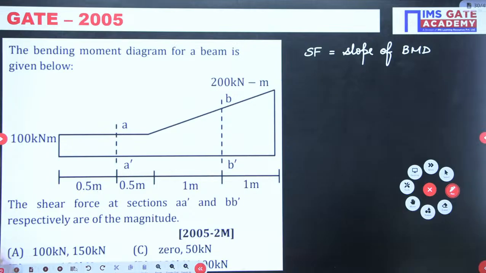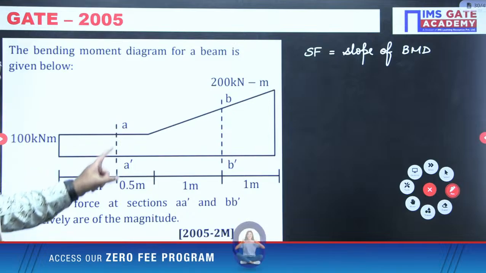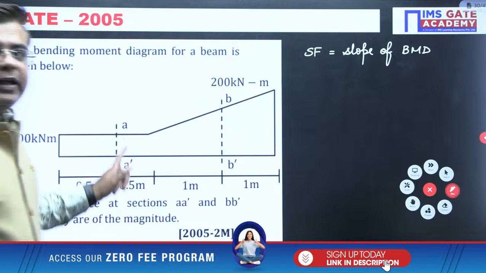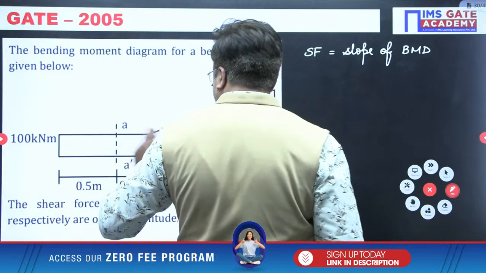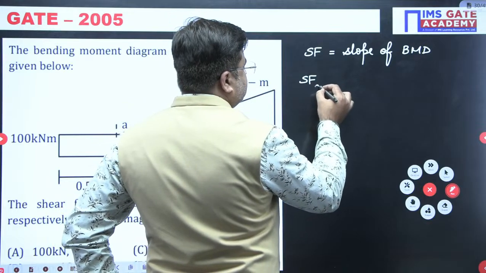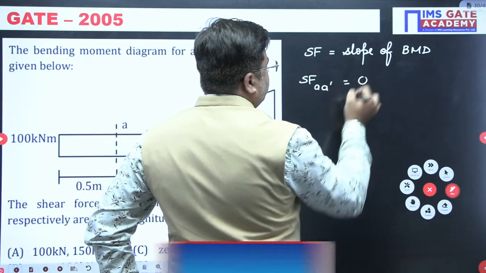The slope here is equal to 0. So in one line I will write down, since the slope of bending moment diagram here is 0, therefore shear force at AA dash is equal to 0. We got the first answer.